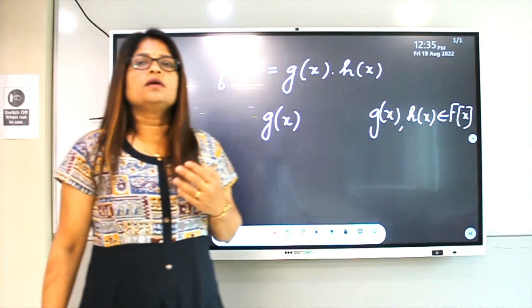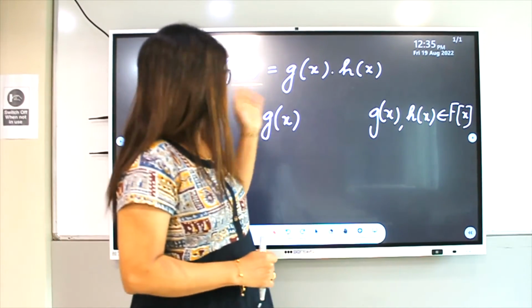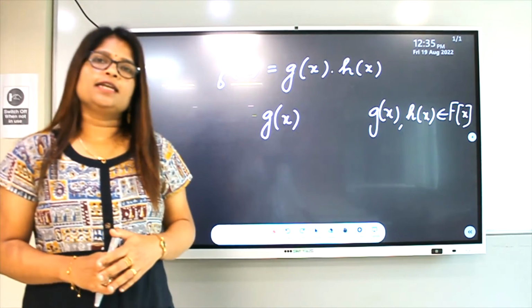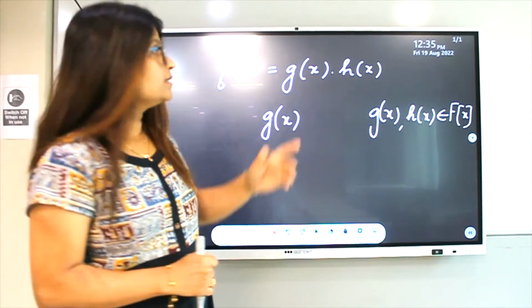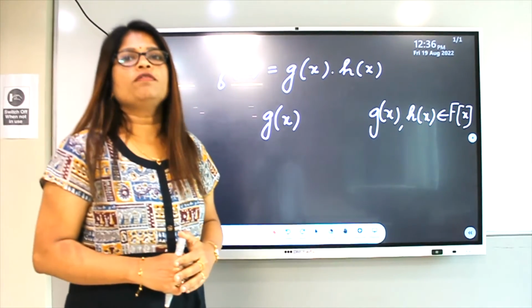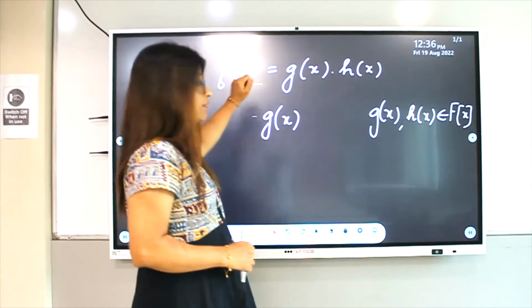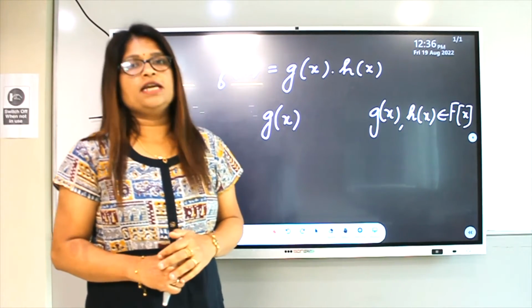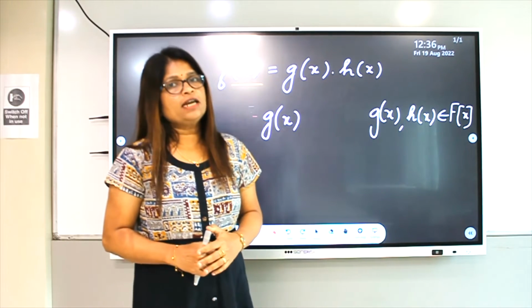Here the degrees of both g(x) and h(x) are less than the degree of f(x). Since the degree of f(x) is the sum of the degrees of g(x) and h(x), and the degree of f(x) is either 2 or 3, at least one of g(x) or h(x) should have degree 1.